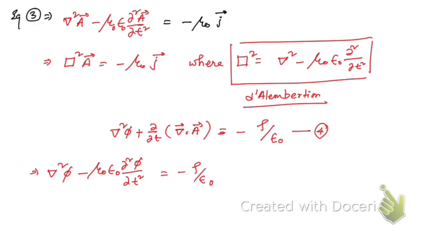If that is the case, then we can write this using the box operator in this way: this is equal to minus rho by epsilon naught. That's how we can write. Okay, so hope you have understood this.